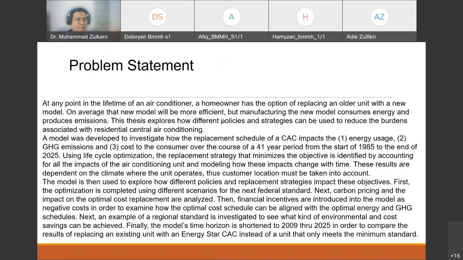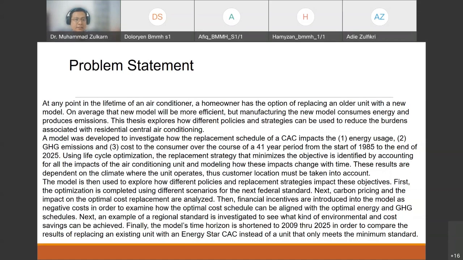Okay, what happens when we find the product cannot survive in the market? At any point in the lifetime of the air conditioner, the homeowner has the option of replacing an older unit with a new model. On average, that new model will be more efficient, but manufacturing the new model consumes energy and produces emission.